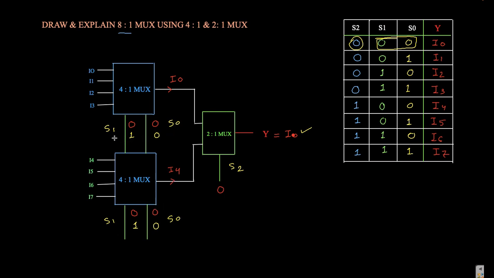Like that, if S1 is 1 and S0 is 0, then what happens? Here I2 is selected, and here I6 is selected, since S1 is 1 and S0 is 0.